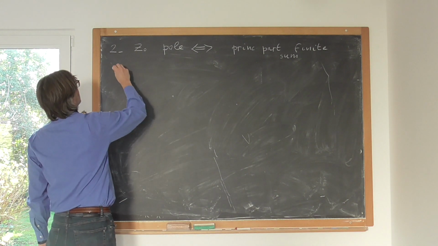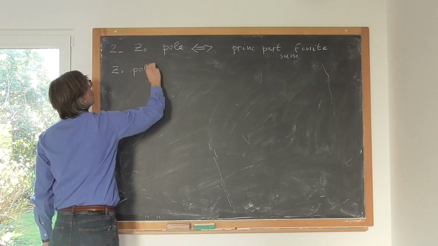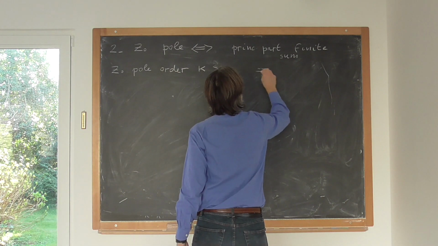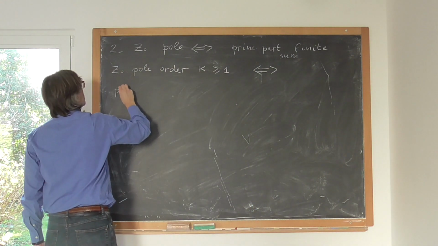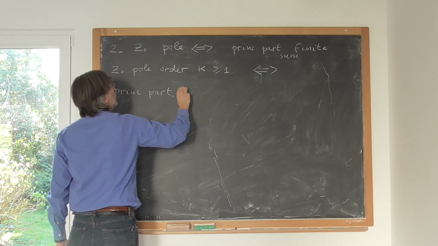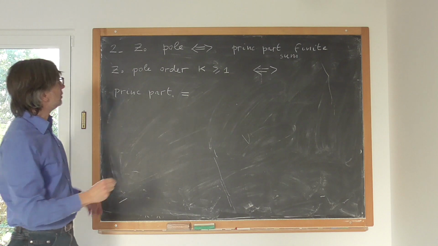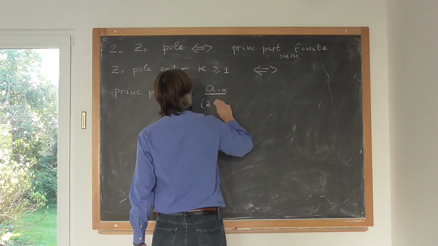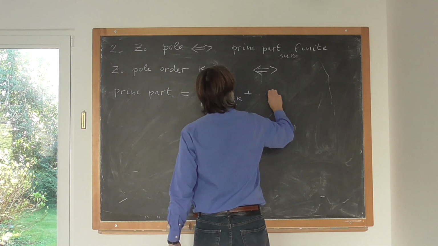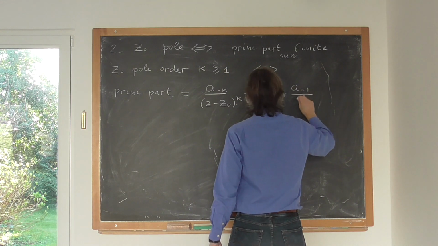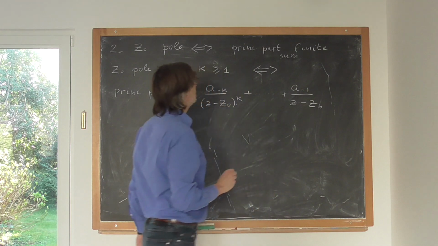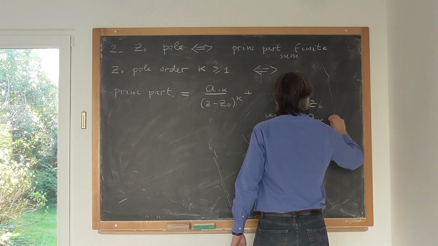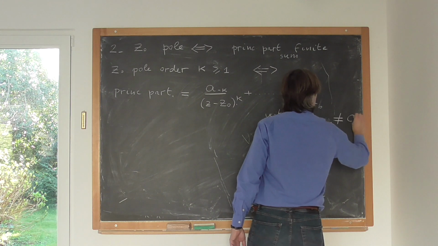And more precisely, we can say that z naught is a pole of order k, with k at least one, if and only if the principal part in the Laurent series expansion has the form a_{-k} divided by (z minus z naught) to the power k plus dots plus a_{-1} divided by (z minus z naught), with a_{-k} non-zero.